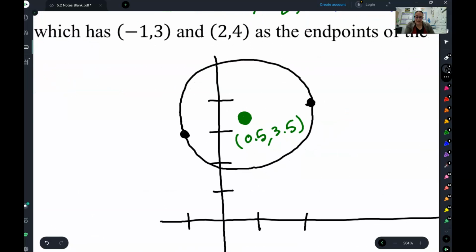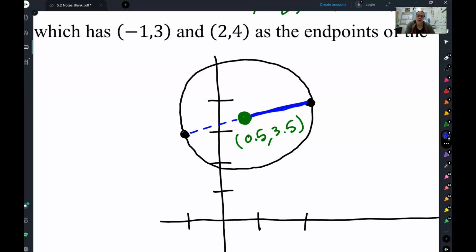The next thing I need is the radius. So I need this distance right there. Now, this one might be a little bit harder to see. So instead of finding this radius distance, we're going to find the whole diameter and cut that diameter in half, because the radius is half of the diameter.